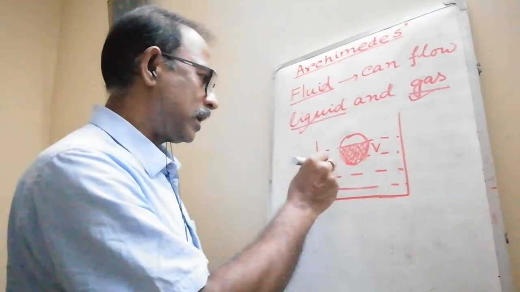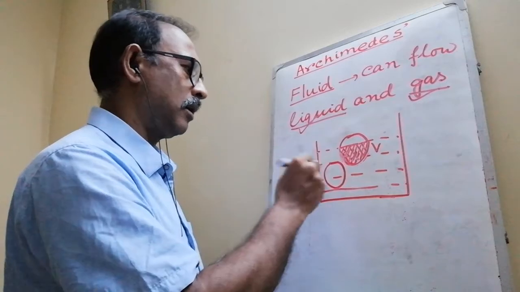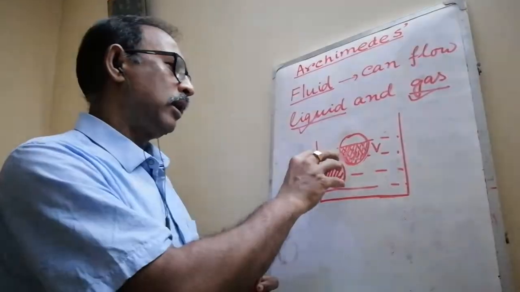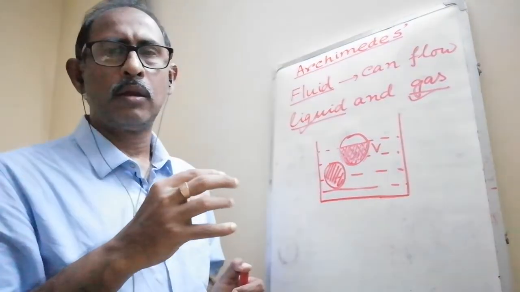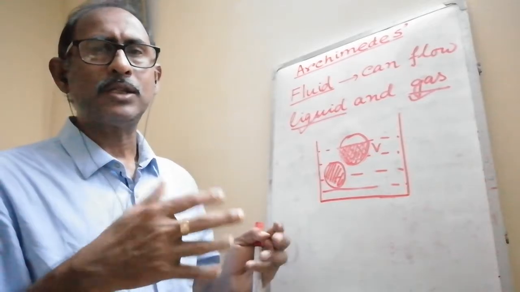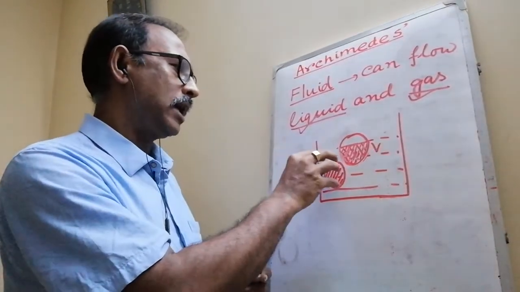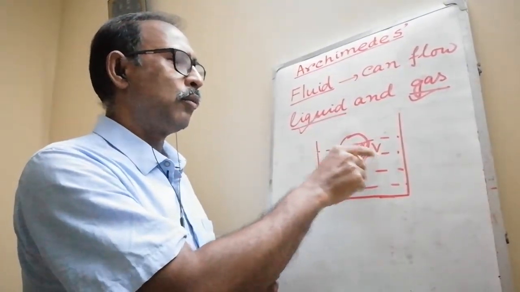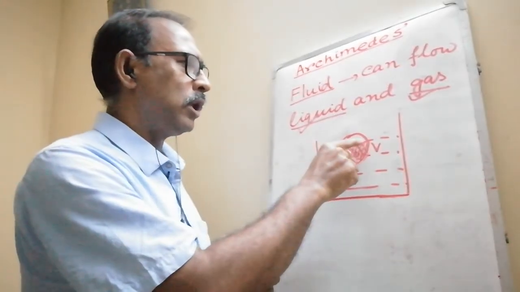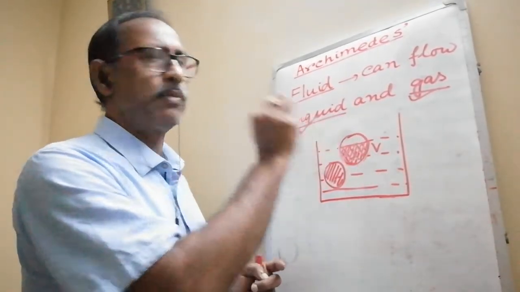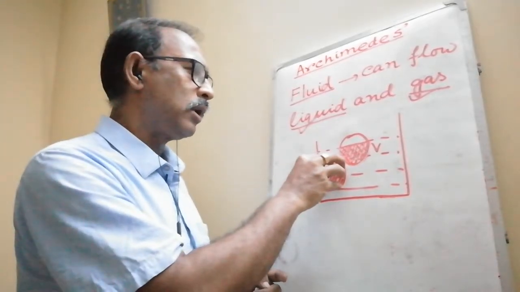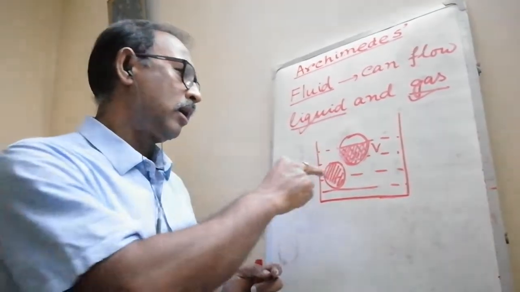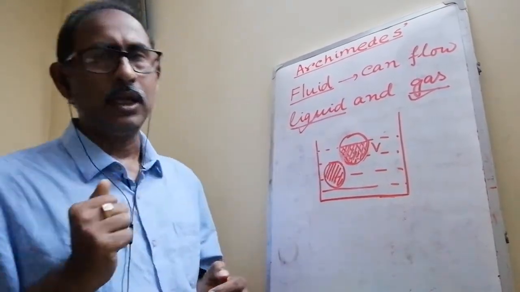If the object is fully immersed like that, then the volume of the displaced liquid will be the same as the volume of the whole object, because the whole object is immersed. Otherwise, the volume of the displaced liquid is equal to the volume of the immersed part only.